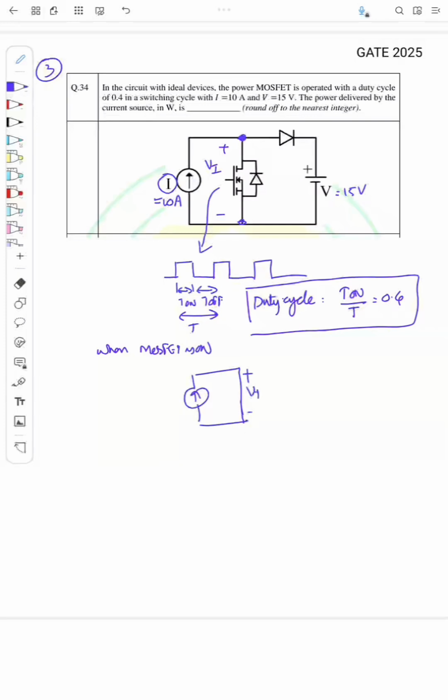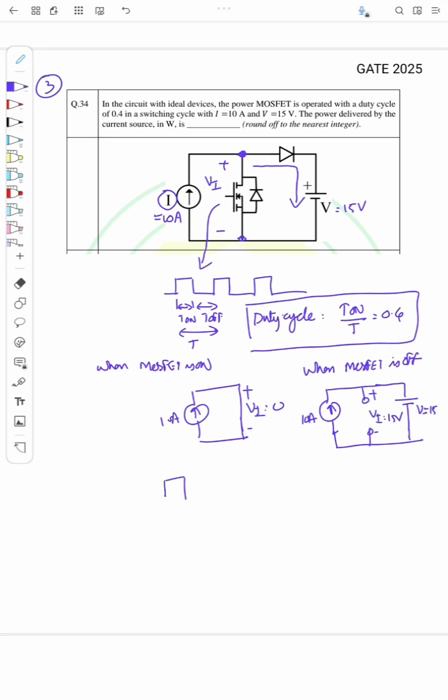So the voltage VI will be equal to 0, and when the MOSFET is off, where does this current flow? This current flows through this diode, and the diode is ideal, so it will flow like this, and this is open. So what is the voltage here? VI will be the same as V, 15 volt.